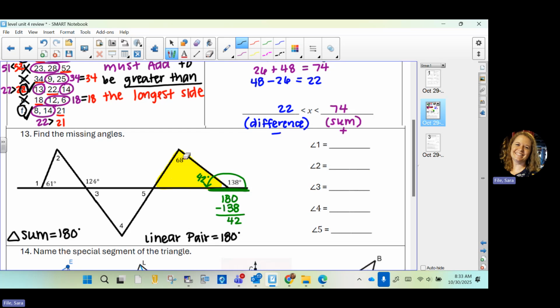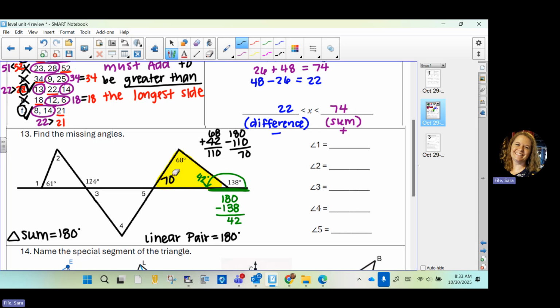So I'm going to take 42 and 68 and add those together and then subtract that from 180. Or you could just do 180 minus 68 minus 42. Whatever order you prefer is fine. But that leaves us with 70. So this angle is 70.